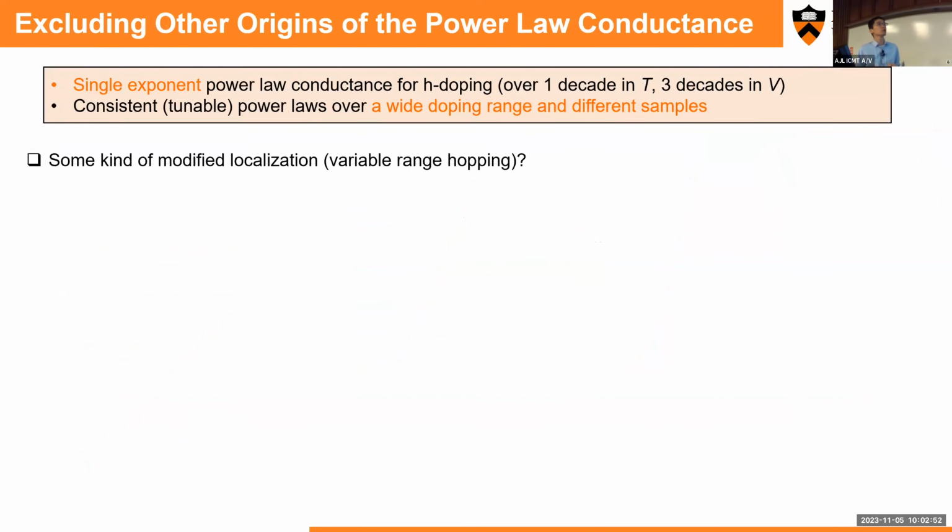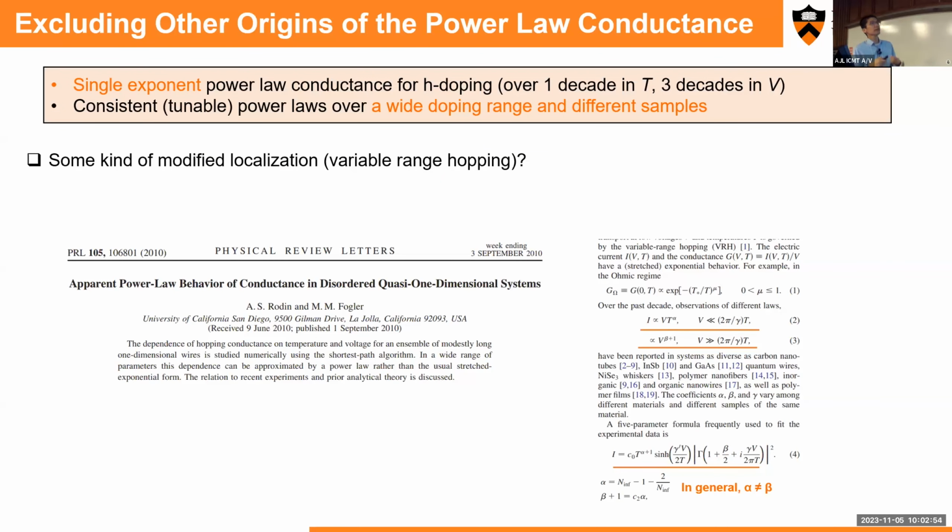And next, I want to show you the earlier explanation that it might be trivial, coming from variable range hopping or another mechanism, and they propose it might also show power law-like behavior.